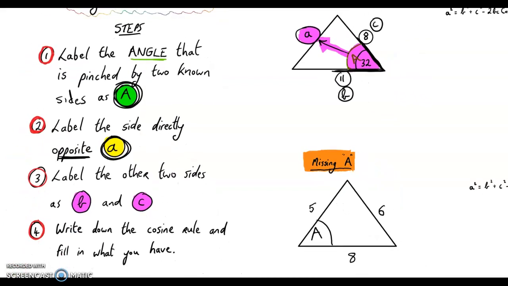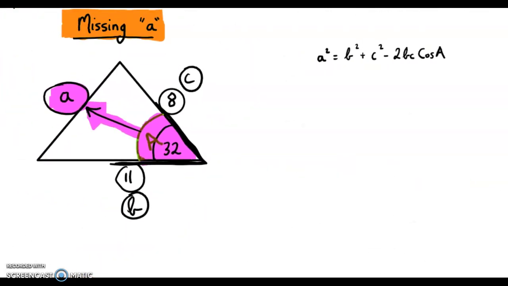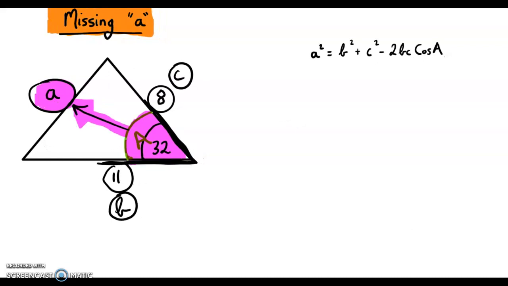And then I write down the cosine rule and fill in what you have. Okay, so I've written the cosine rule here. It's a squared equals b squared plus c squared minus 2bc cosine of A. And it's in the logbook. Right, let's see what I can fill in. Can I fill in for a? No. I haven't been given a, so that's just going to remain as a squared. Can I fill in for b?